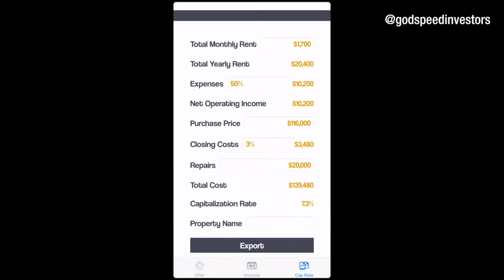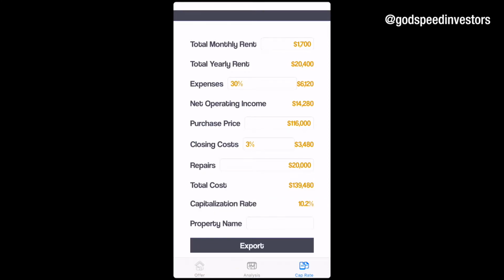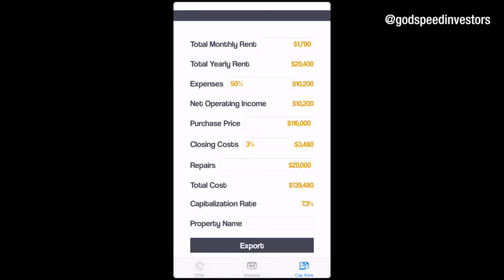So some people, they think that it's 50%, and it also depends on what type of property you're buying. If you're buying a mini warehouse, it's not going to be as much. If you're buying a low class rental property, the repairs are going to be higher, and it depends on how the renters are in your area.